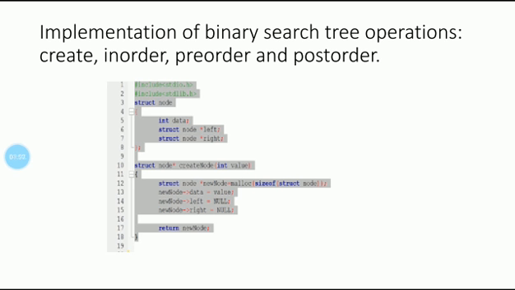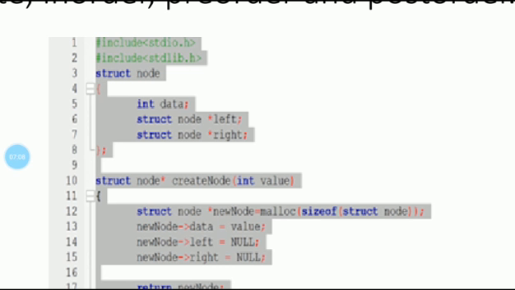For that purpose, a structure is useful. So to define the node, we have struct node, and it contains three fields. First field is data.